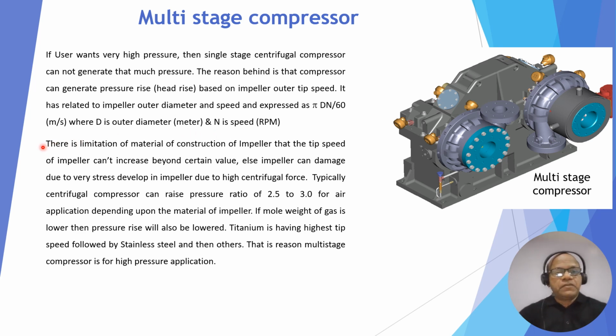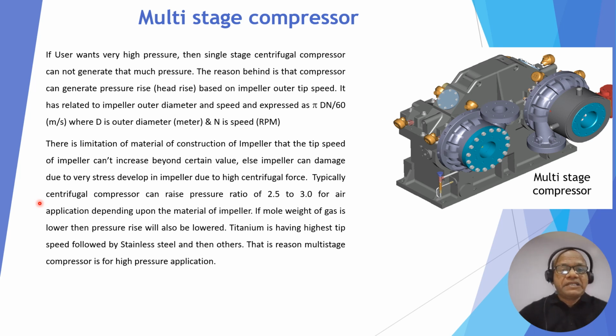But there is a limitation of the material of construction of the impeller, that the tip speed of the impeller cannot increase beyond a certain value. It is responsible for high pressure, but there is a limitation, else the impeller can be damaged due to the very high stress developed from high centrifugal force.